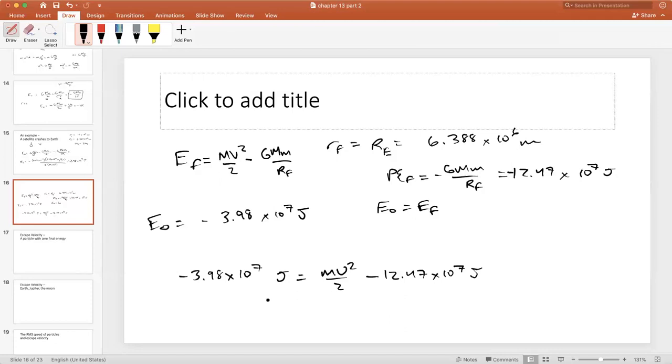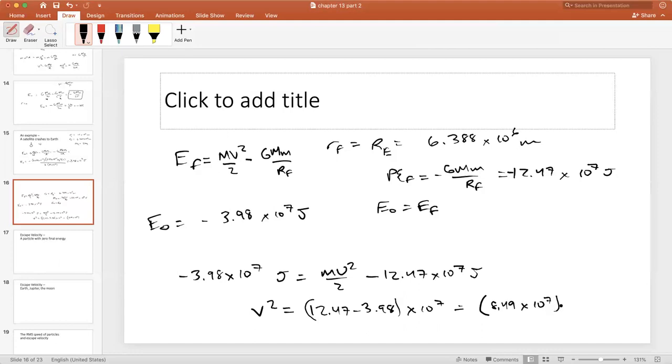Solving this for mv squared and noting that m is 2, over 2, so really we're going to solve this for v squared. We get that 12.47 minus 3.98 times 10 to the 7th. This moves over. And so this becomes 8.49 times 10 to the 7th.